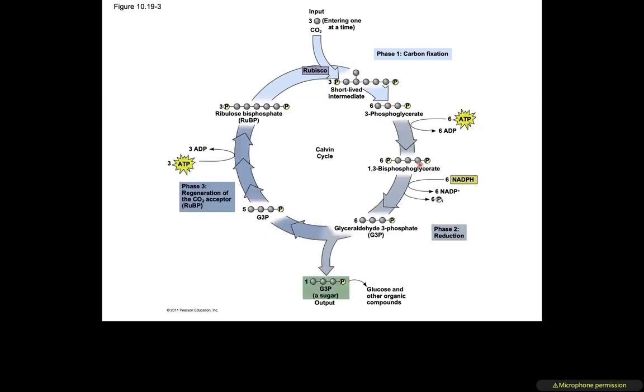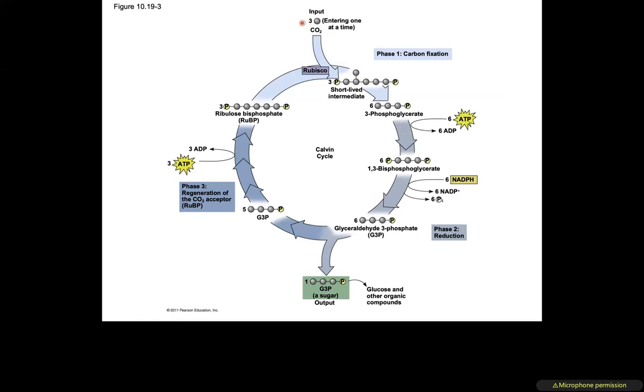So I'm just going to make this big, and then maybe I'll back it off again. So when you look at this, your Calvin cycle is going to go around 3 times. 1, 2, 3. It's going to input 3 carbon dioxides, one at a time. So one CO2 goes in, it'll cycle around and go through all this process.